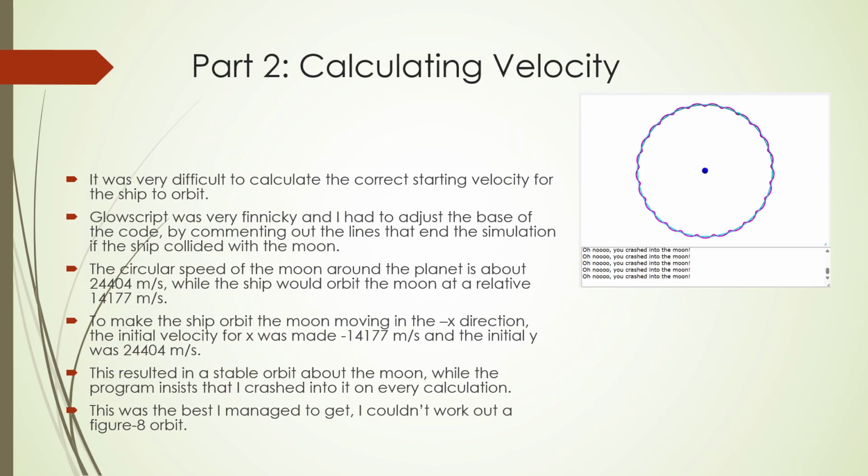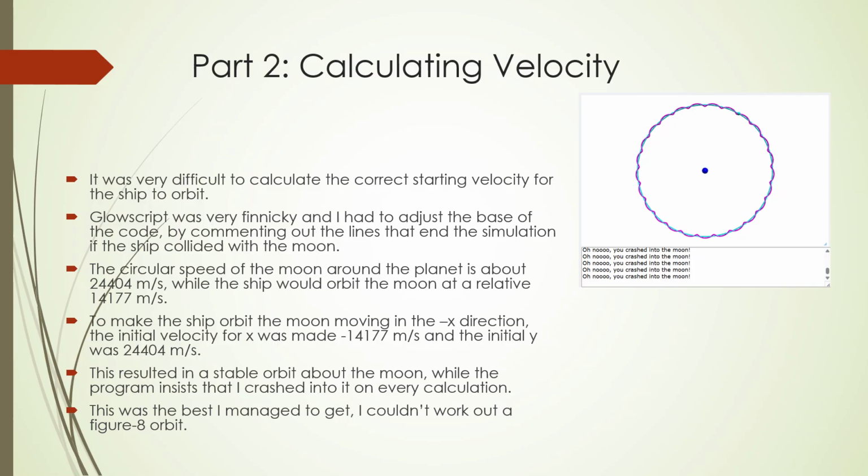So GlowScript was really finicky. I feel like I had to comment out a couple of lines, like where it ended the loop if you collided with the moon, and eventually found that the circular speed of the moon around the planet is about 24,000 meters per second, and then the ship would have to orbit the moon at about 14,000 meters per second in the negative x direction, because that was the way the moon was moving, and then 24,000 in the positive y direction.